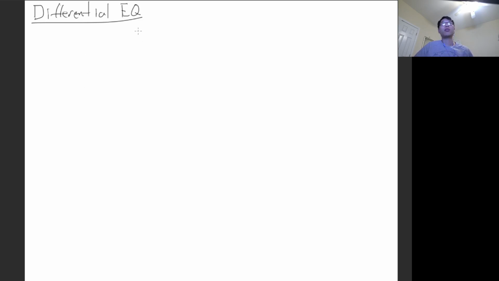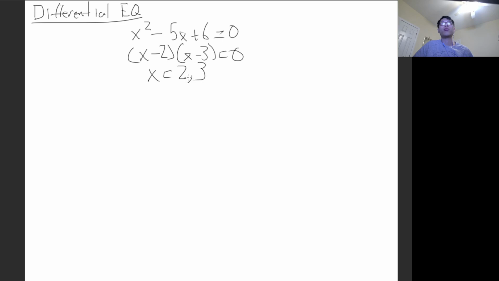Well, we know about normal equations, so maybe we've certainly seen something like x squared minus 5x plus 6 equals 0. And we have certain techniques that we can use to solve this. Right? We have factoring. And that gives us x equals 2 and 3.